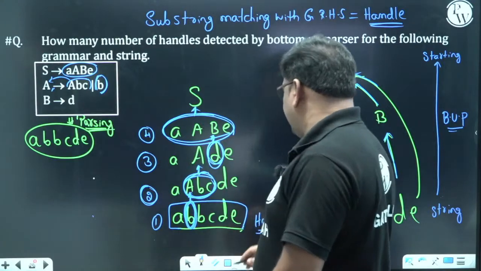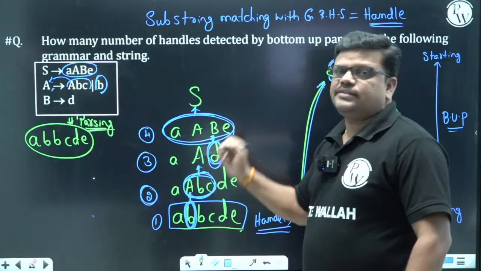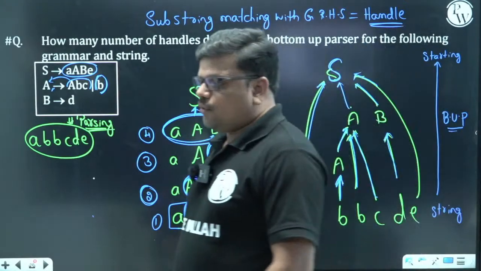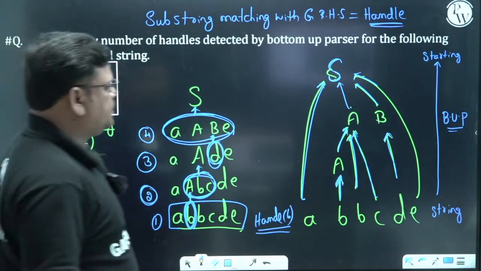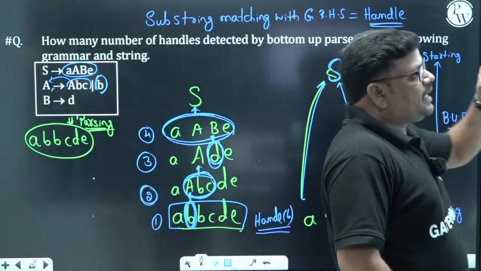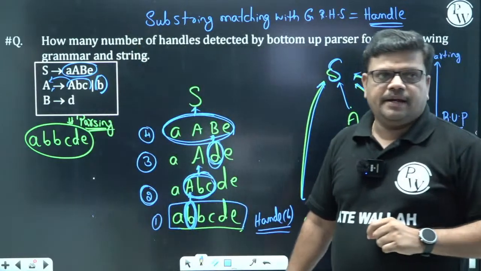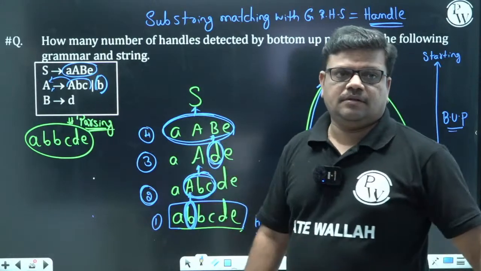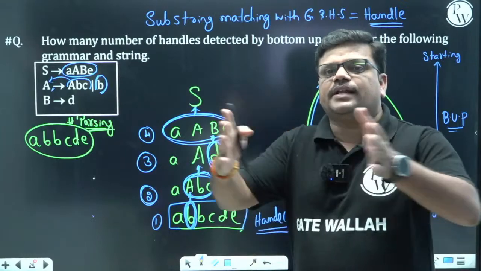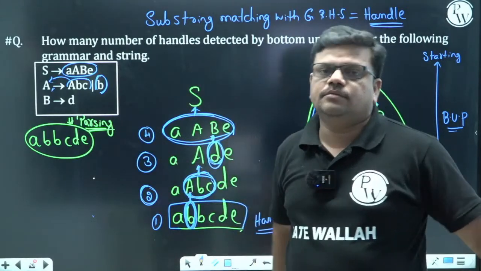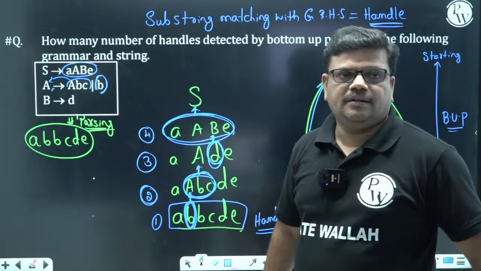Like this, can you tell me what is the handle at the second step? So what the bottom-up parser will do, at every step, it detects handles. What is a handle? A substring matching with the grammar right side. For this whole terminology, a beautiful word is given, that is called a handle.